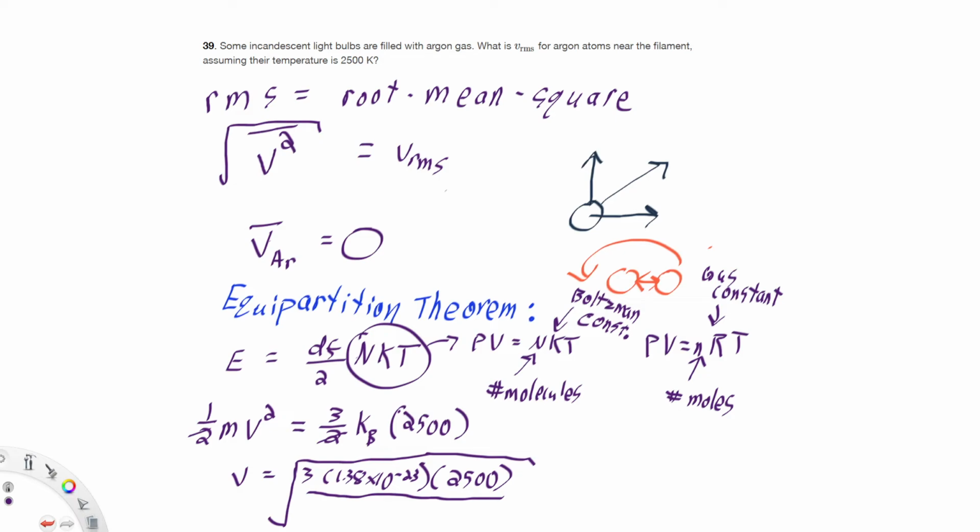Right? And 40 AMUs is 6.6 times 10 to the minus 26 kilograms. Right? So we're in SI units here.